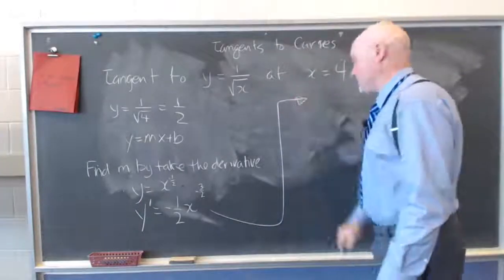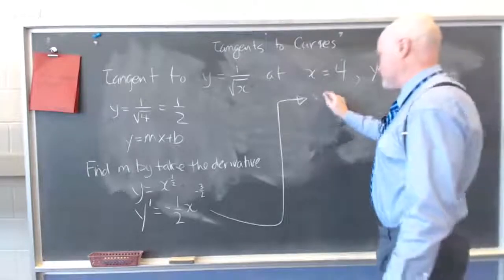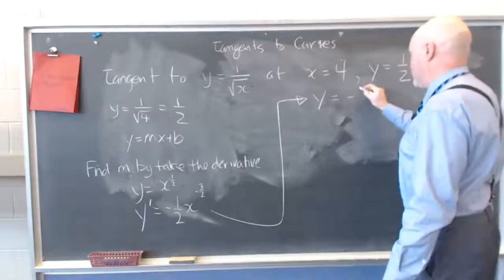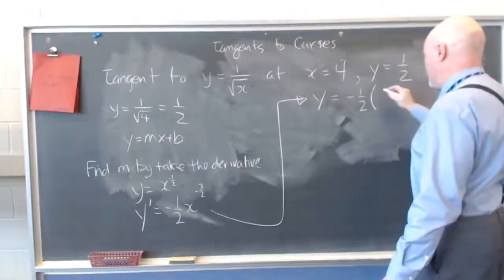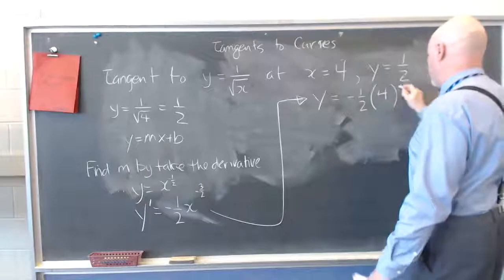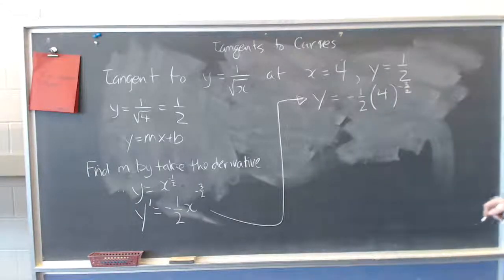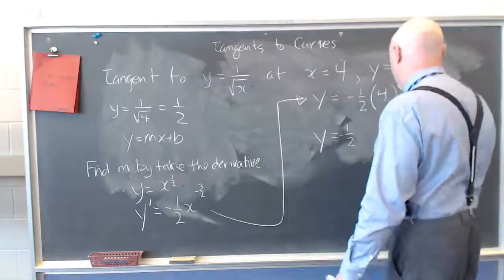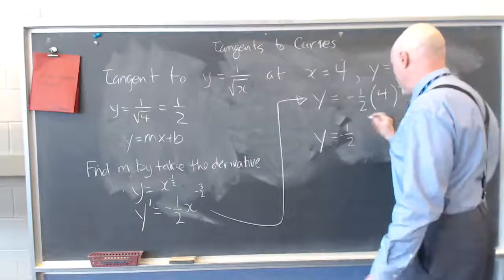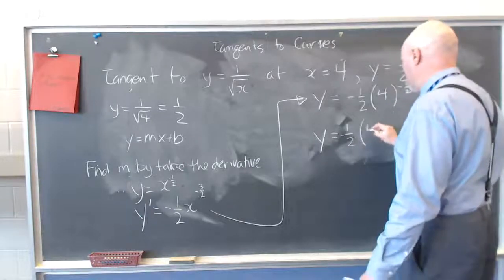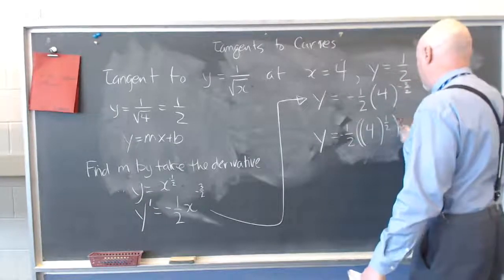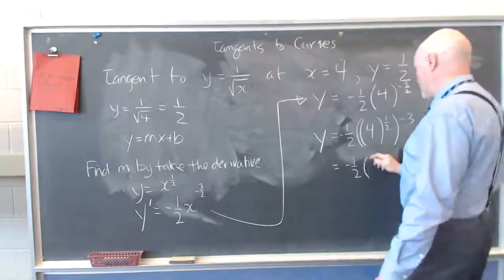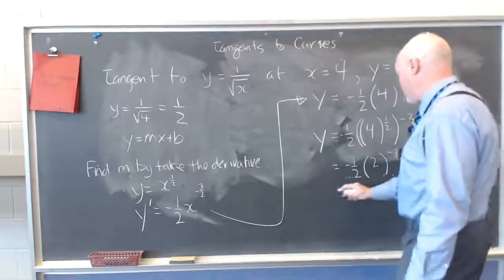Excellent. Okay. We need to find what the actual slope is at that point so that we can plug it in for our m. So y primed is equal to negative 1/2 times 4, which is our x value, to the exponent negative 3/2. Let's do this one piece at a time. Negative 1/2 and square root of 4, so that is 2 to the exponent negative 3.